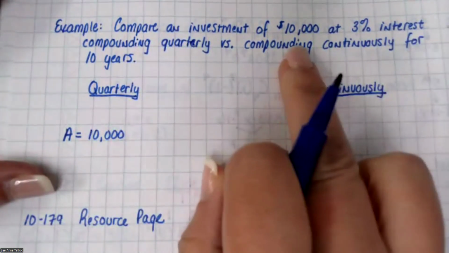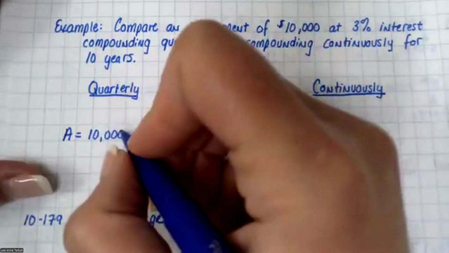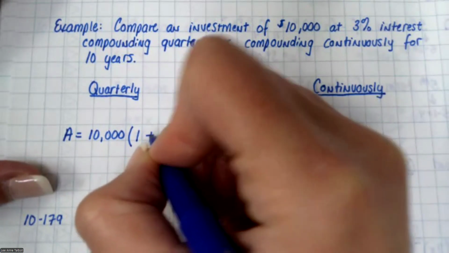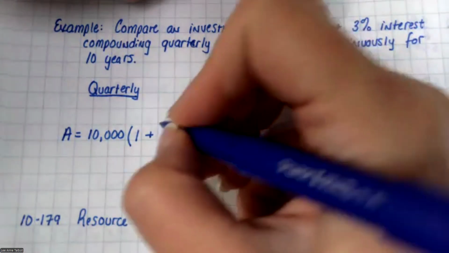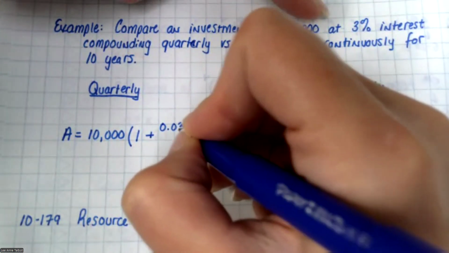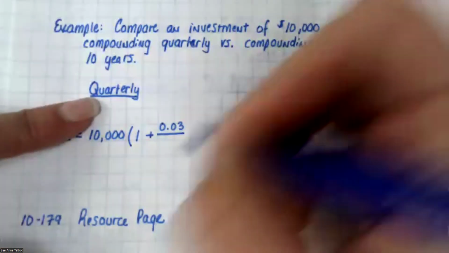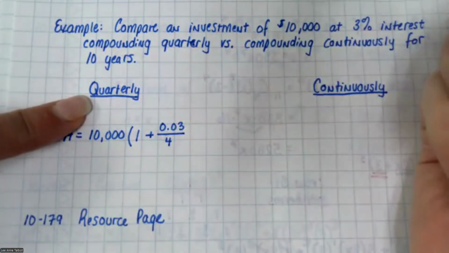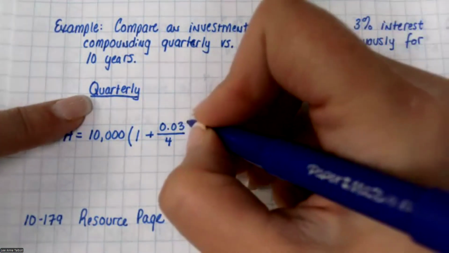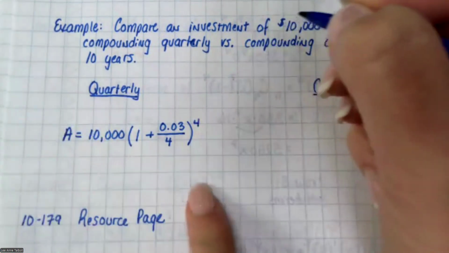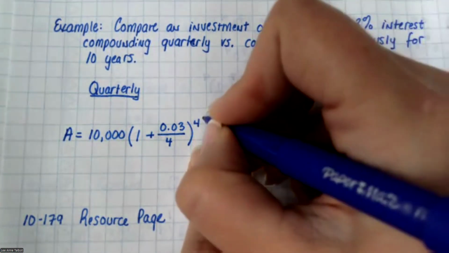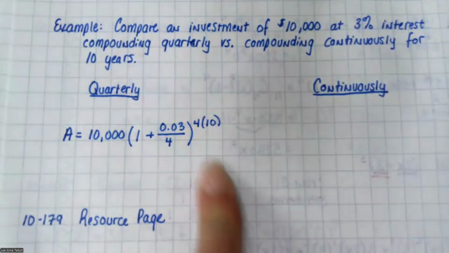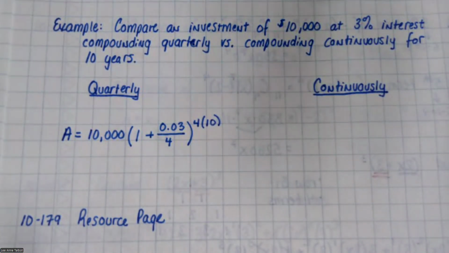That's the initial amount put in. 1 plus, the rate is 3%, so write it as a decimal. And quarterly means 4 times per year. And then n is 4 up here also, and then it says for 10 years. And then you just type that in the calculator.